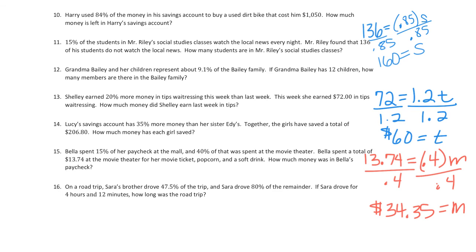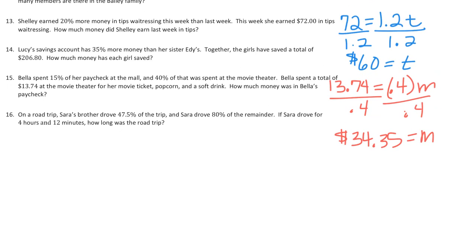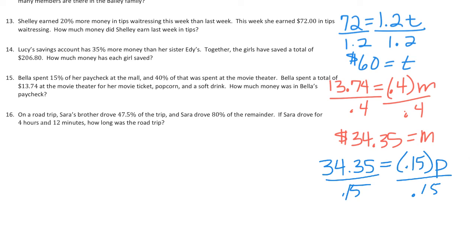So then I go to the next step on that. $34.35 was 15%. She spent 15% of her paycheck at the mall. So 15% of her paycheck. So I divide both sides by 15/100. And I find that her total paycheck was $229.